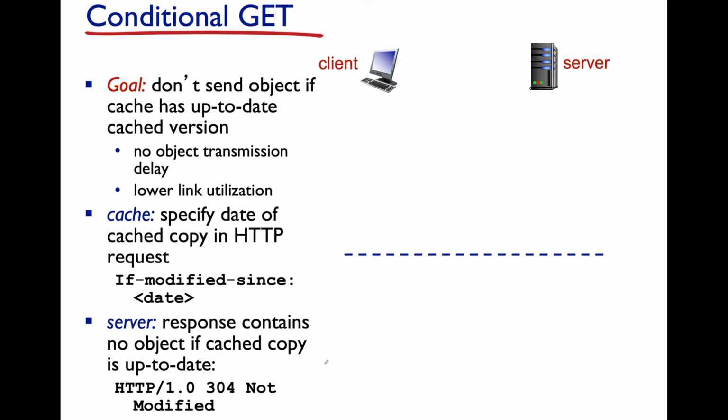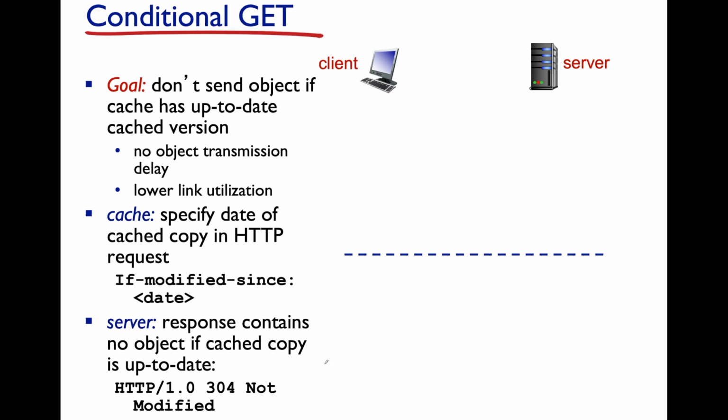Then the server sees that, and its response contains no object if the cache copy is up to date. So if the cache copy is the most recent, i.e. the same date as what's on the origin server, the server responds back and says, this object hasn't been modified. I don't need to send it to you.